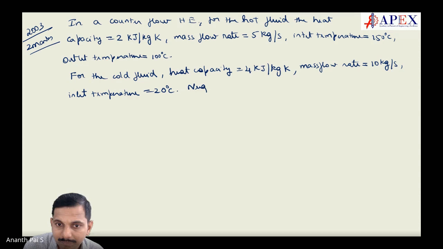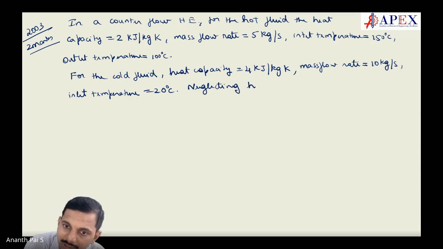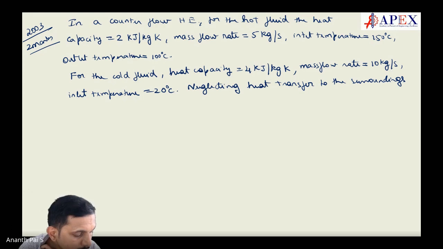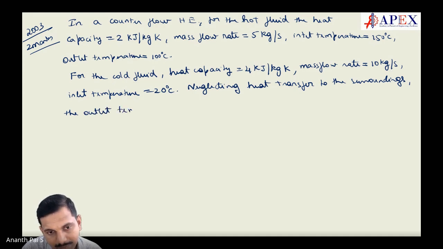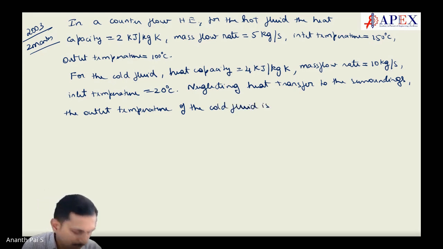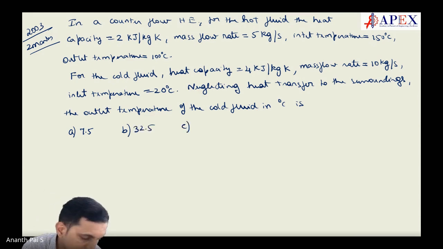Neglecting heat transfer to the surroundings, the outlet temperature of the cold fluid in degree centigrade is: A 7.5, B 32.5, C 45.5, and D 70.